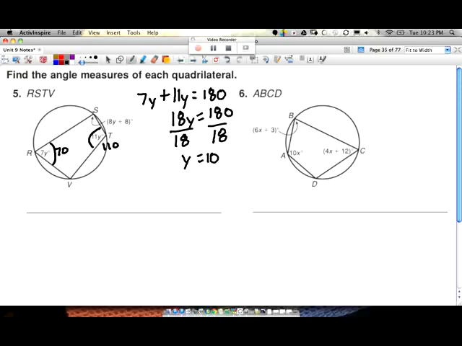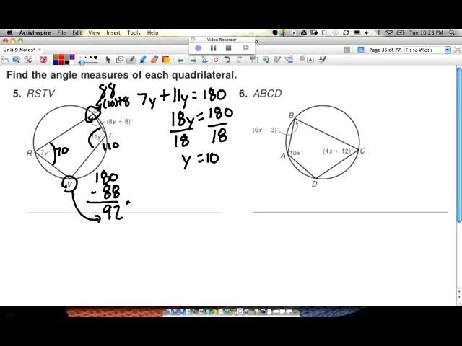Now for this one, 8y plus 8, that's 8 times 10 plus 8, or 88. And that means v is going to be supplementary to s. So v is going to be 180 minus 88, or 92 degrees.